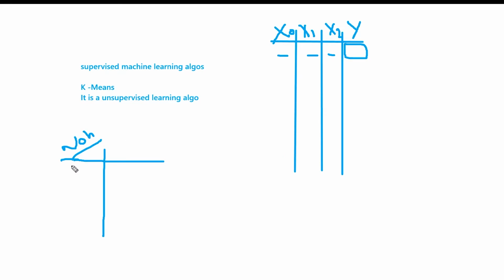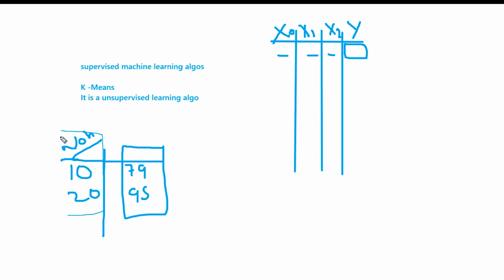If we studied 10 hours, then we got, let's suppose, 79%. If we studied 20 hours, then we got 95%. So this was our output, and this was our input.